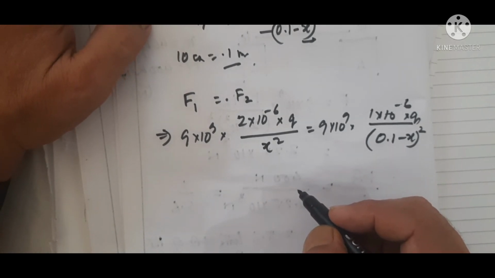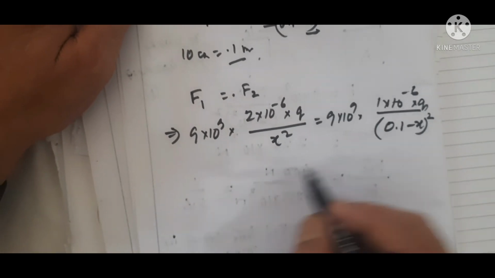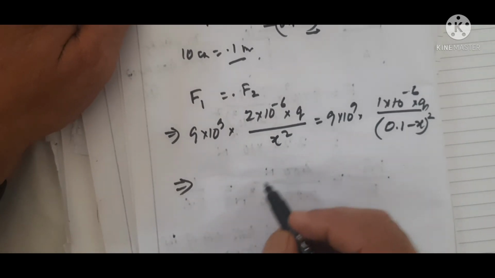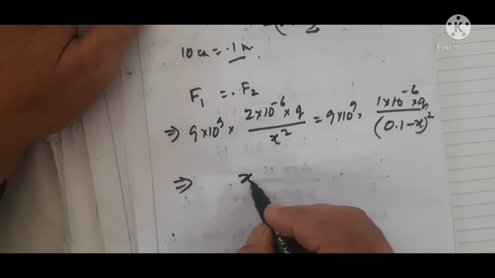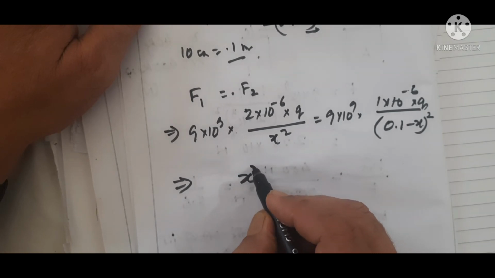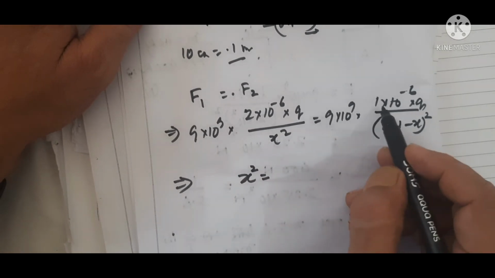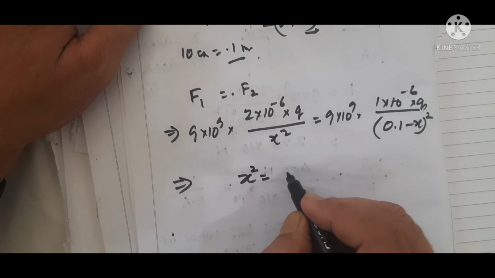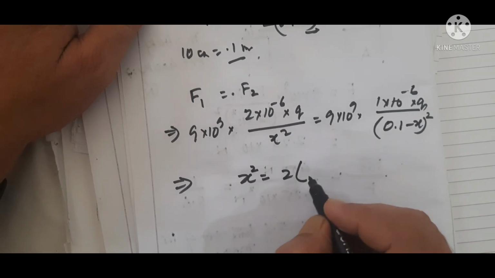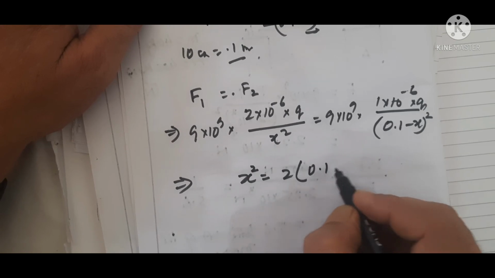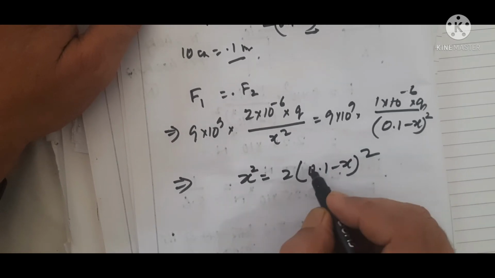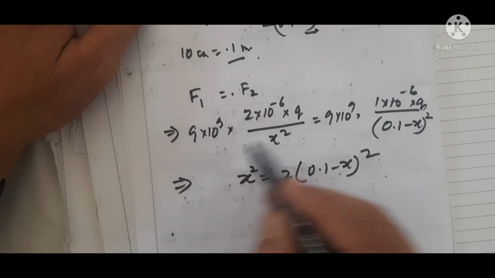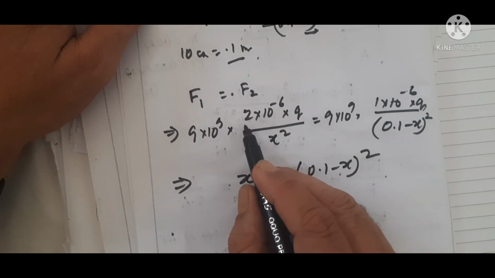Right? Now if we equate, what we will get: x square is equal to, here a 2 only remains, x square is equal to 2 into 0.1 minus x whole square. जो कटता है सो काट देंगे, and ultimately 2 केवल इधर बचेगा.